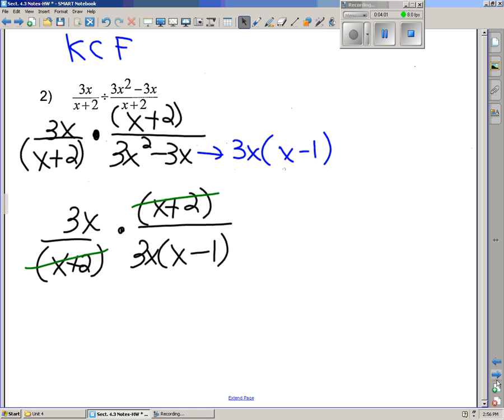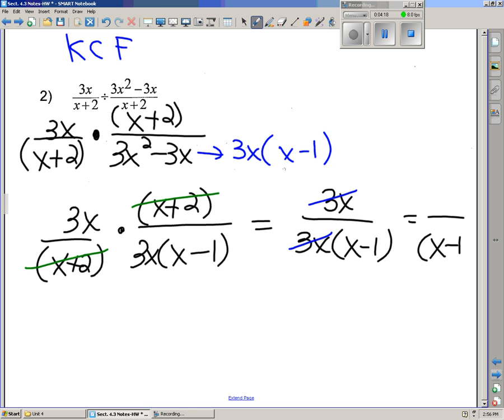What you're left with, because you have no more binomials to factor, is 3x over 3x, x minus 1. But 3x divided by 3x is just 1 also. So your final answer becomes the binomial on the bottom with a 1 on the top.